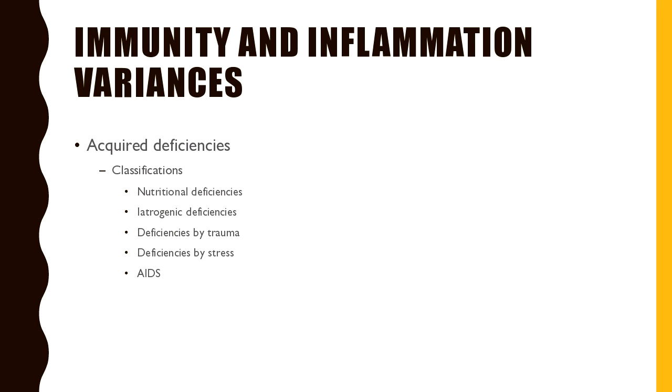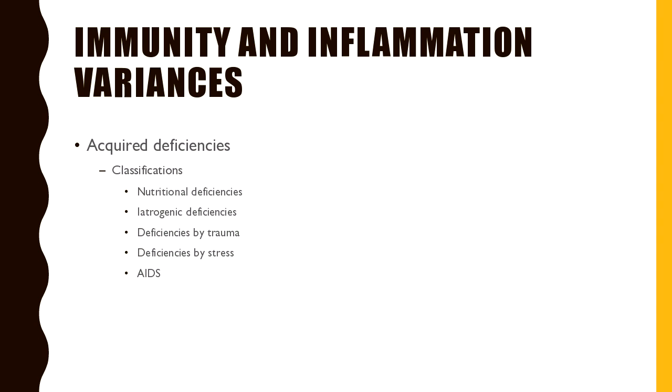Let me define these a little bit for you. Nutritional deficiencies would be like you have poor protein intake, or you have a reduction in caloric intake. In other words, you are malnourished.